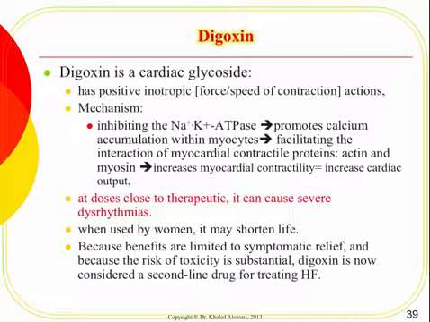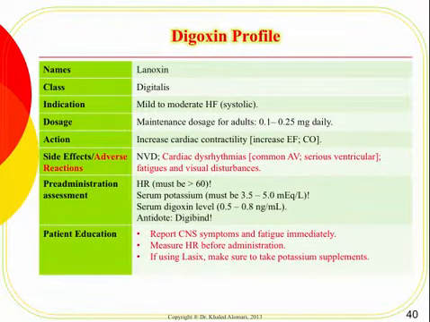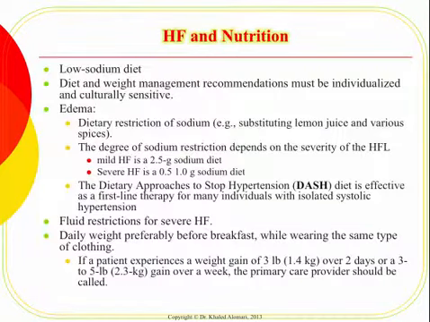We really want them to take digoxin, but if their heart rate is below 60, they should call their physician to see if they should take it or not. But if you're in the hospital, you want to make sure that the pulse is within normal before you give digoxin.